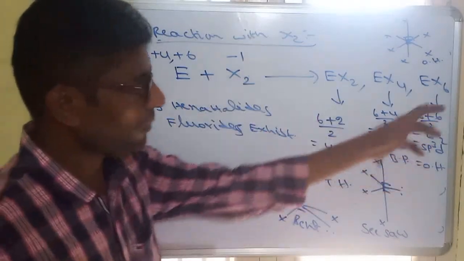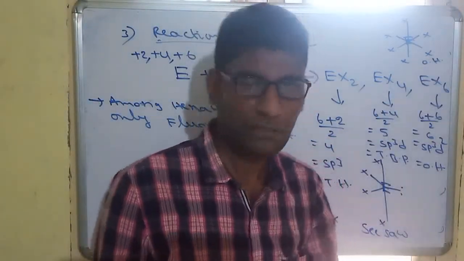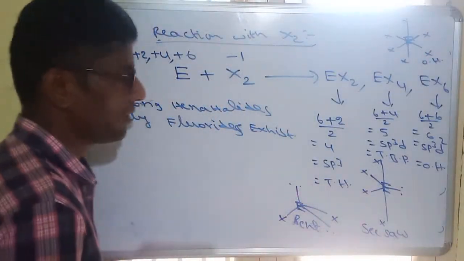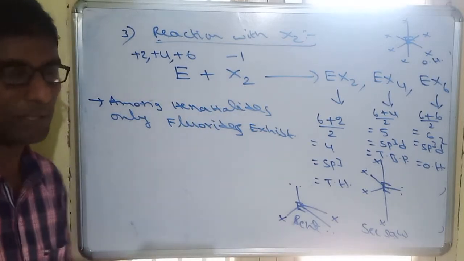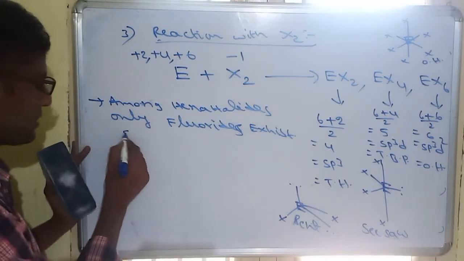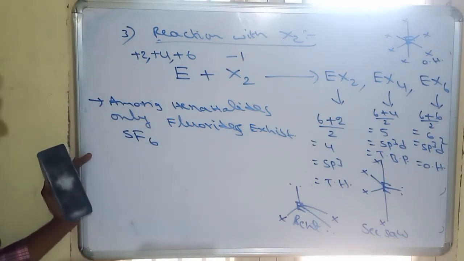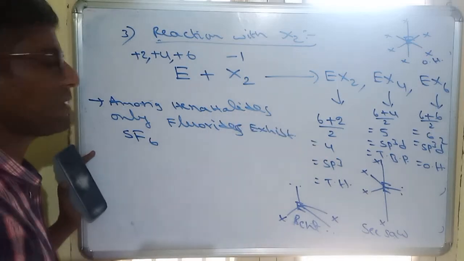Because when you take chlorine or bromine, 6 chlorines or 6 bromines are a very big size. The stability is very less, so they are doubtful to exist. Hence, in hexahalides, mostly fluorides exist, like SF6, sulfur hexafluoride. Fluorides are more stable when compared with chlorides, bromides, and iodides.